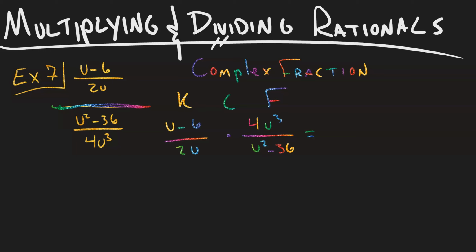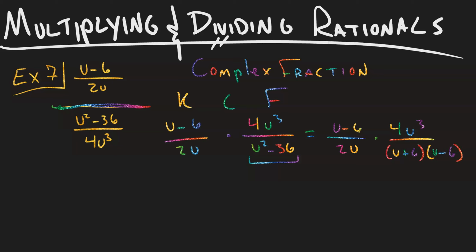Now, let's go ahead and factor. Really, the only thing that needs factoring is our second denominator, so we'll keep u minus 6 over 2u times 4u cubed over our, now here we have a difference of squares, so we'll have u plus 6 times u minus 6.